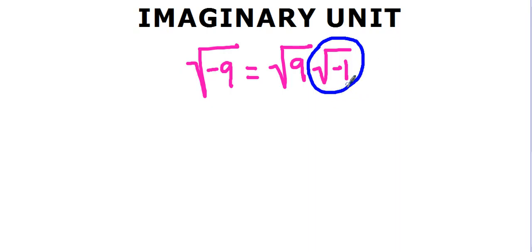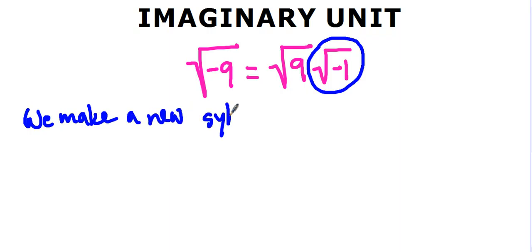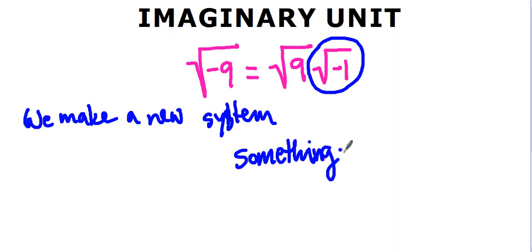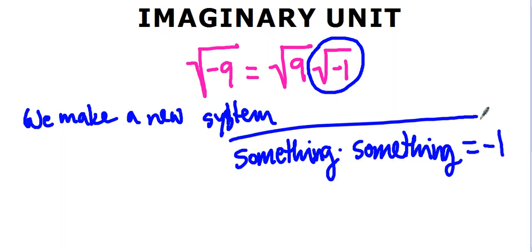Now, since there is nothing that could give us -1 when we multiply it, we make up a new system, where we say that something times something must give us -1, because otherwise we cannot solve it.